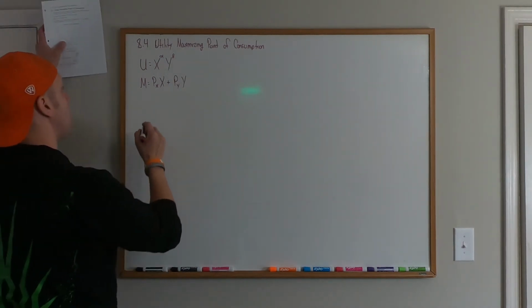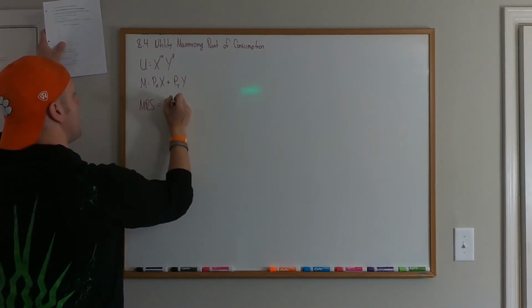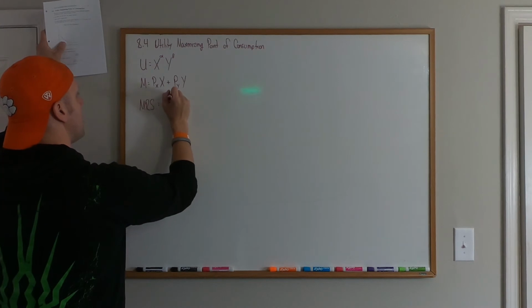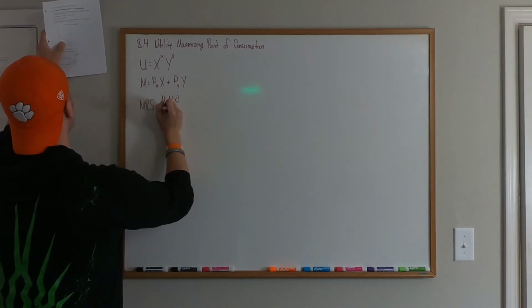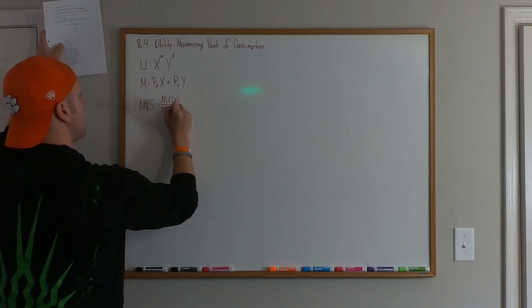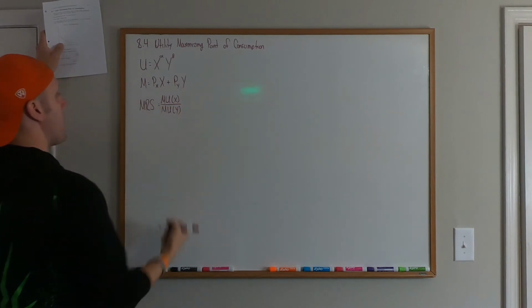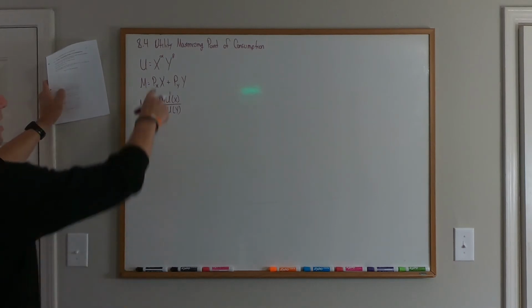Now, if you recall, the marginal rate of substitution was the marginal utility of x over the marginal utility of y, the ratio of the marginal utilities. What was that in this case?